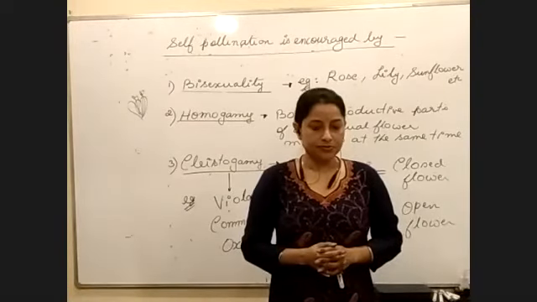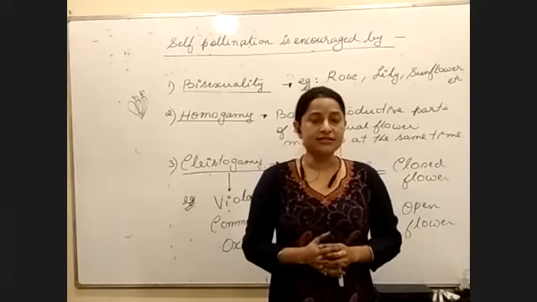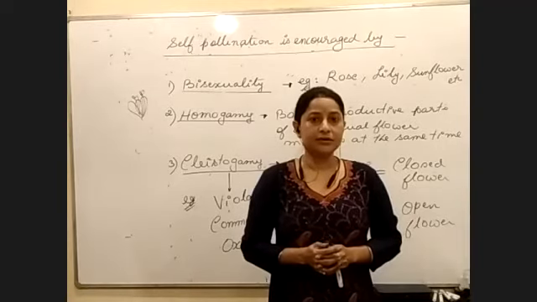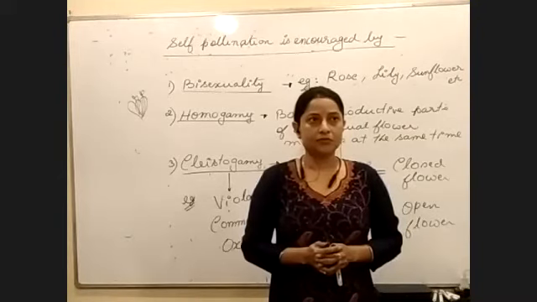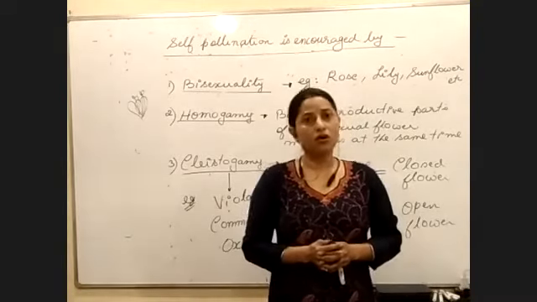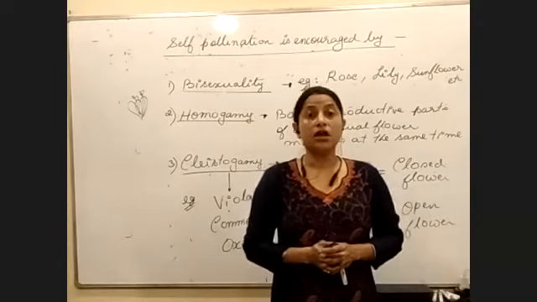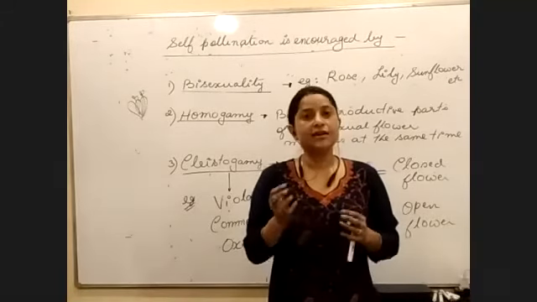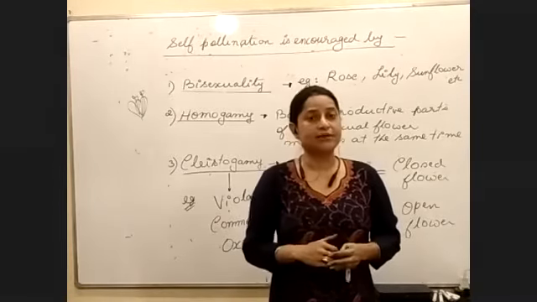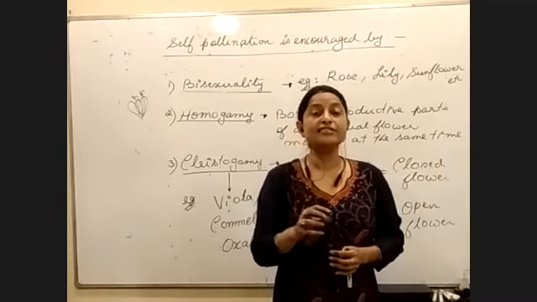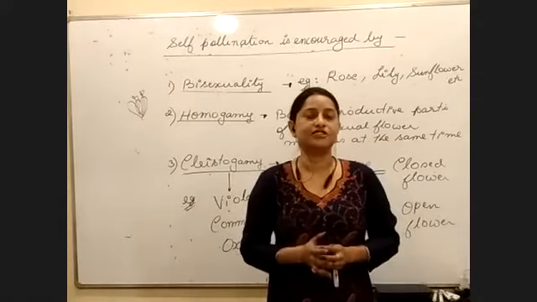Ma'am, in homogamy, if both parts do not mature at the same time, can pollination still take place? Fertilization will not happen, but pollination can, if the two parts do not mature together? If homogamy does not take place, then that flower is forced to undergo cross pollination.